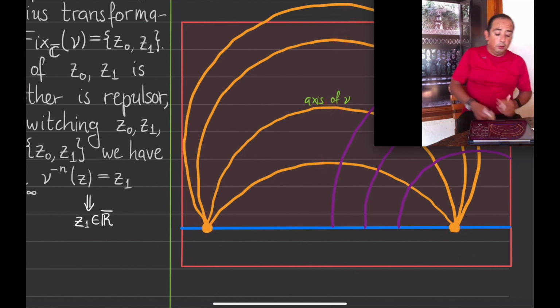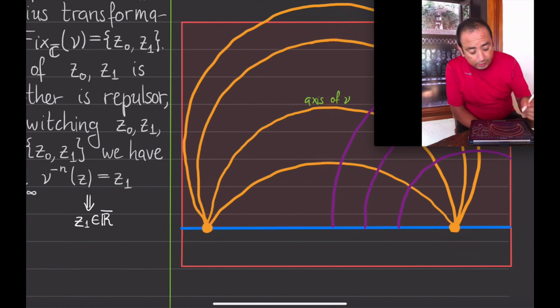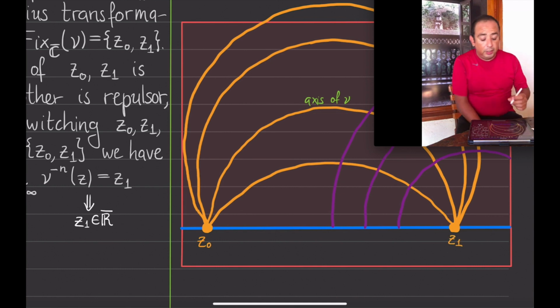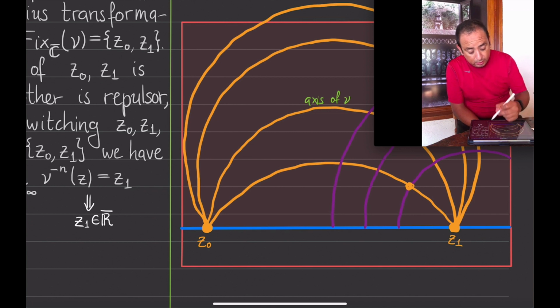Okay, so let's stick to this second case, where this one is the attractor, Z0, and this one is the repulsor, Z1. So whenever I take a point, let's say here, its image has to be again on this curve.